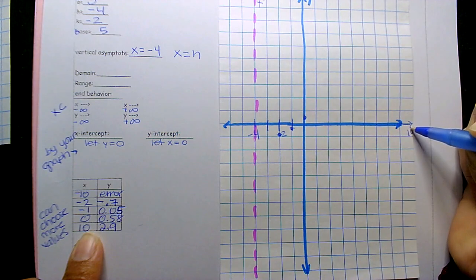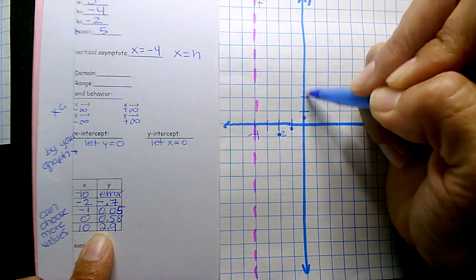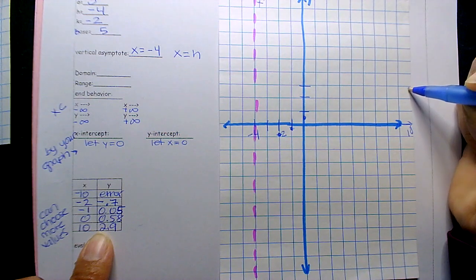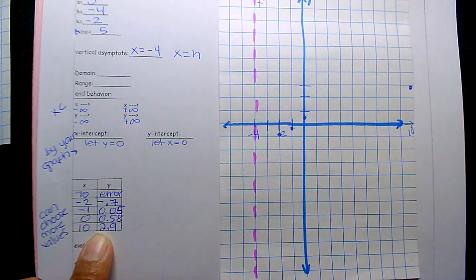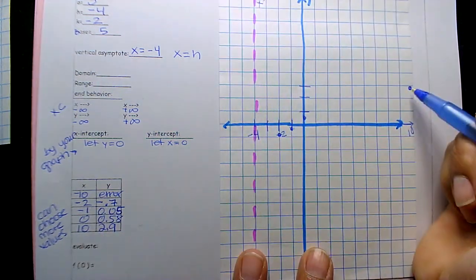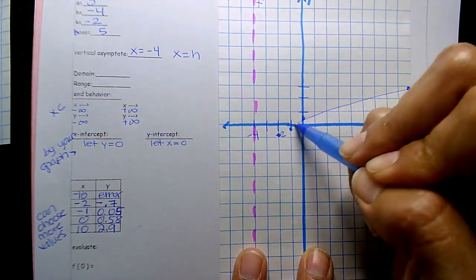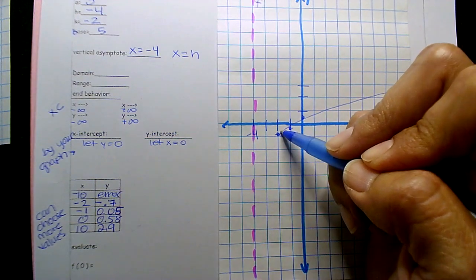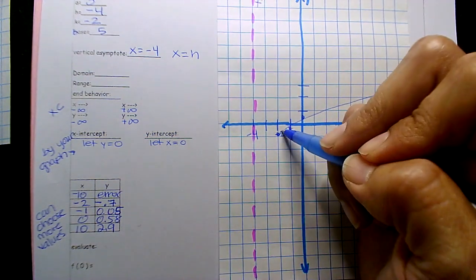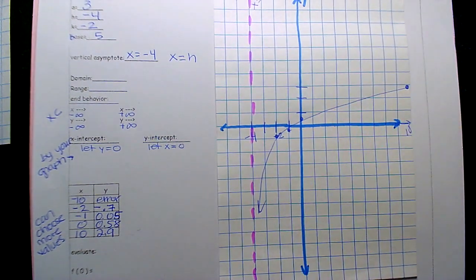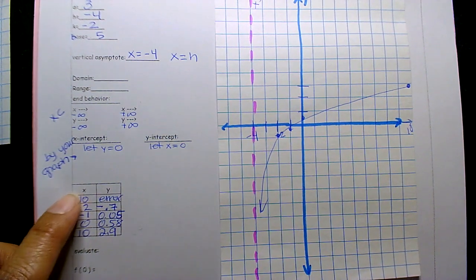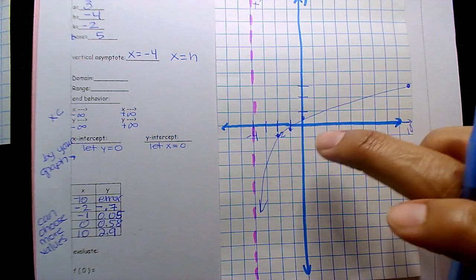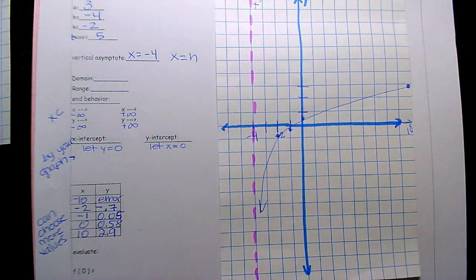At 10, I have 2.9. Now you're like, let me plug in a -3. You have an idea that it's doing something. You're connecting them, and most of you would figure, I know it has to drop, it has to fall.